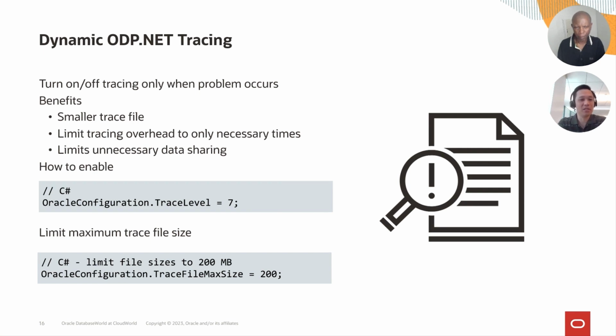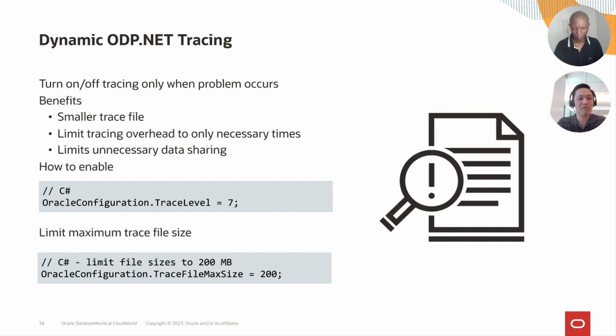In ODP.NET's case, we have the ability to dynamically trace, which allows you to turn on and off tracing at runtime. This can become important if you have a problem that you want to trace, but only occurs after, say, 5-10 hours of operation, or only occurs after some trigger that you know happens, but may occur intermittently.